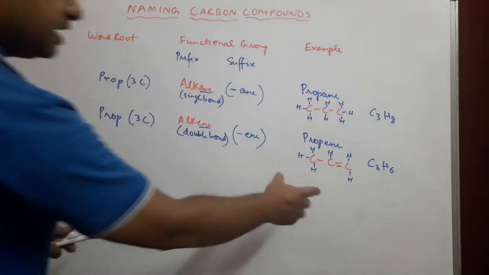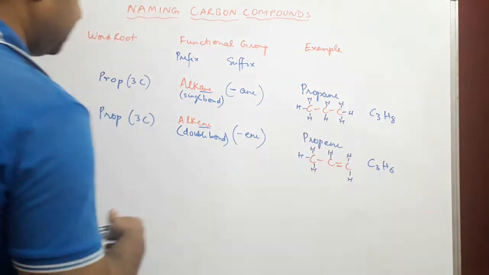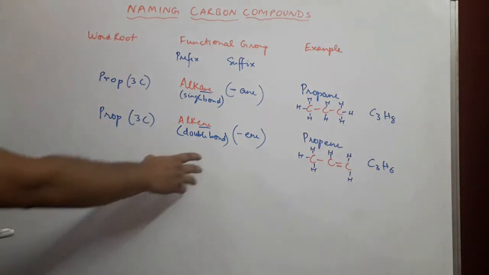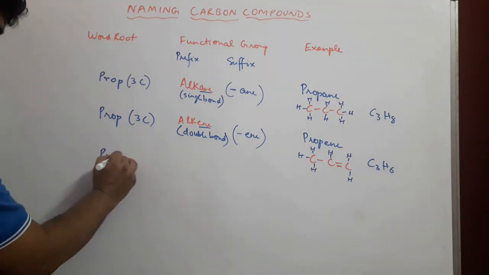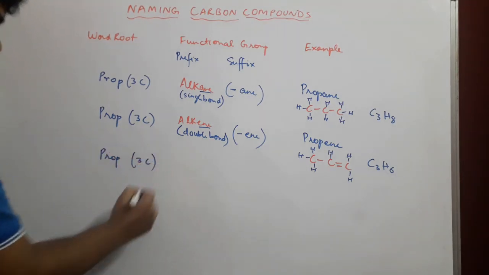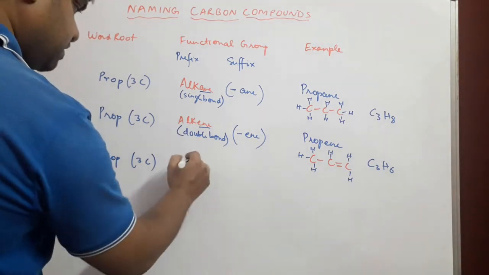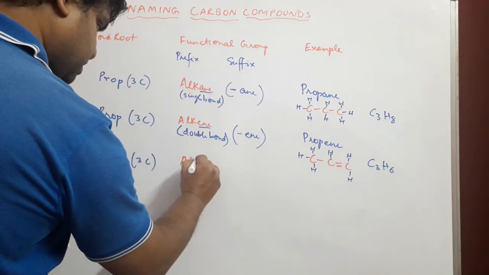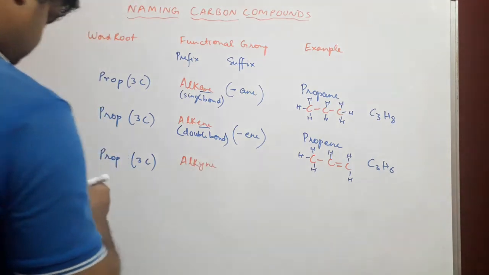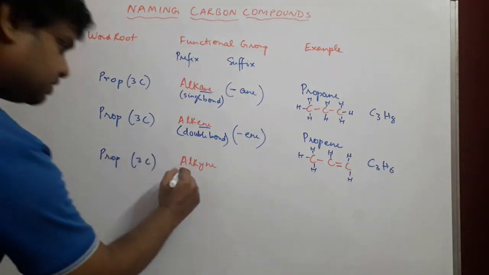We can apply that for different numbers of carbon atoms. Let's go to the next, that is alkyne with a triple bond. Once again the word root is prop with 3 carbon atoms, and we'll write over here alkyne, that is with a triple bond.